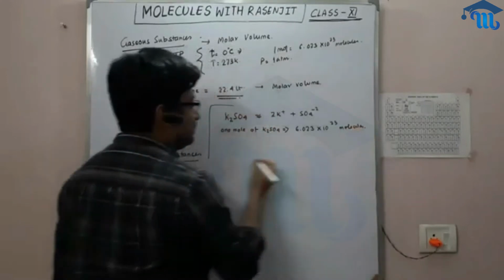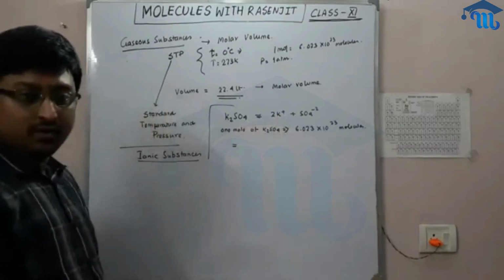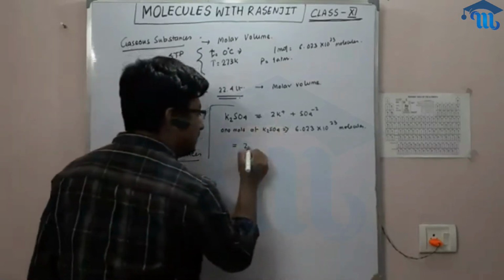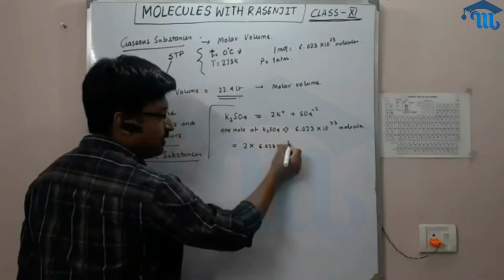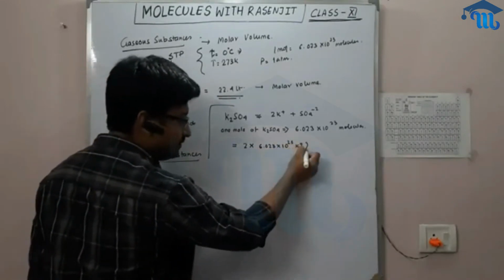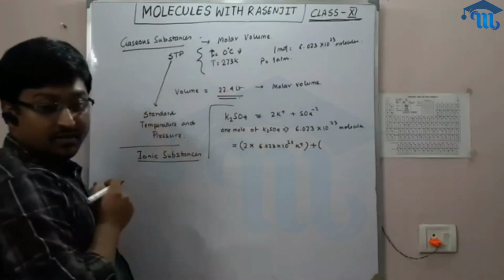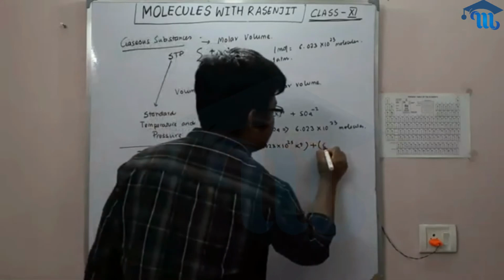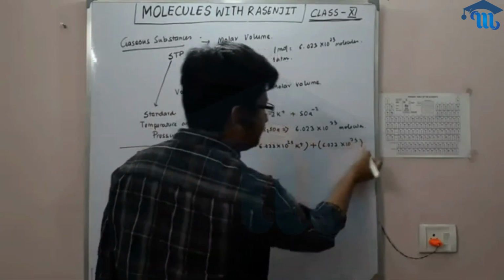So which is equal to, now how many K+ will it produce? 2 multiplied by 6.023 × 10^23 K+, and SO4 2- will be 6.023 × 10^23, right?